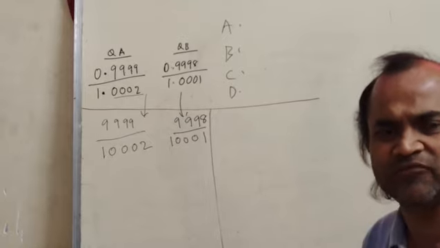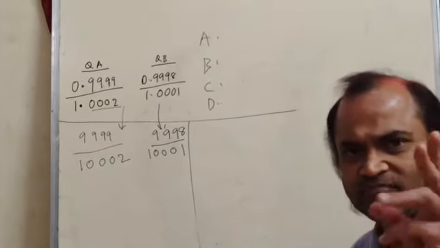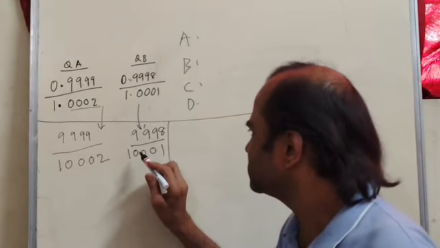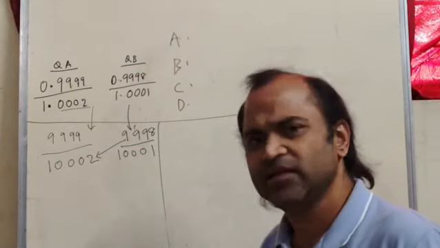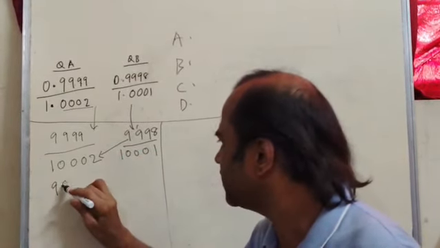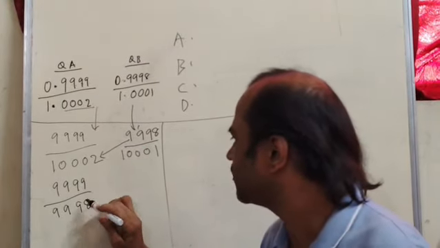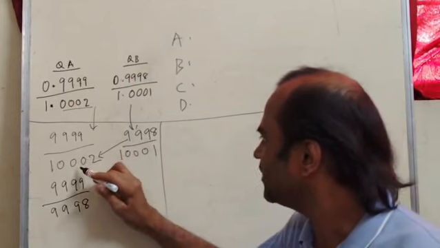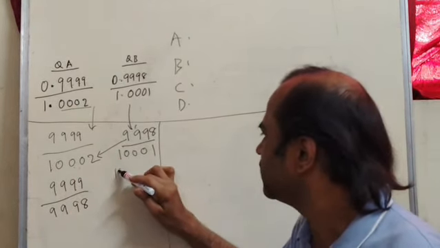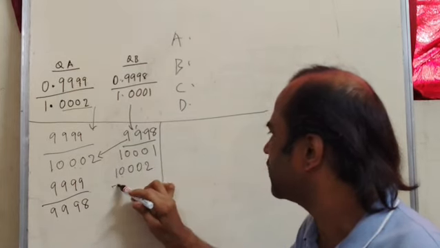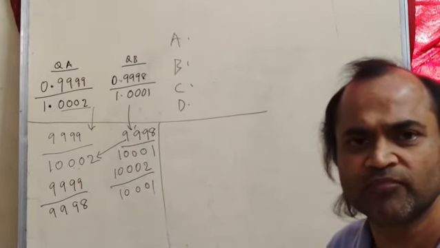So what best will be the method for comparing these two fractions? I will proceed in this way. First of all, this numerator I will bring to the denominator under quantity A. So this is what you will be having later on. Similarly, I will take this denominator to the numerator's place in quantity B. Then this is the fraction that I have now.